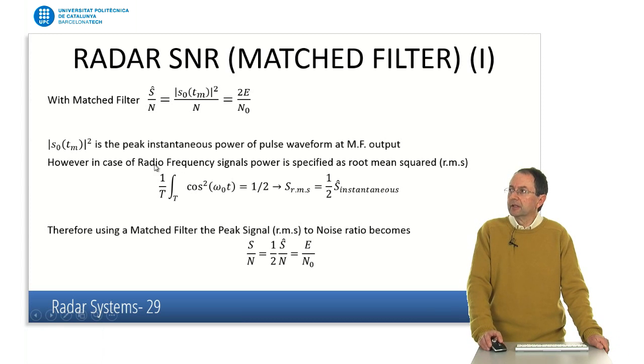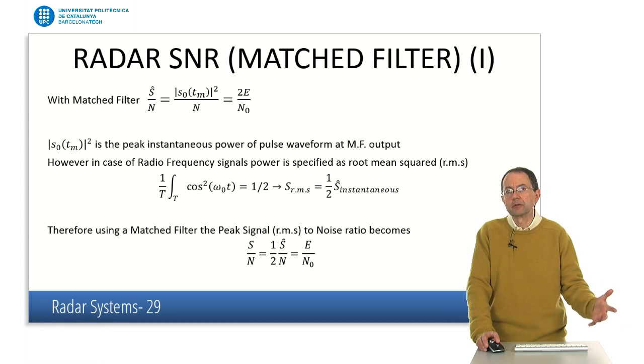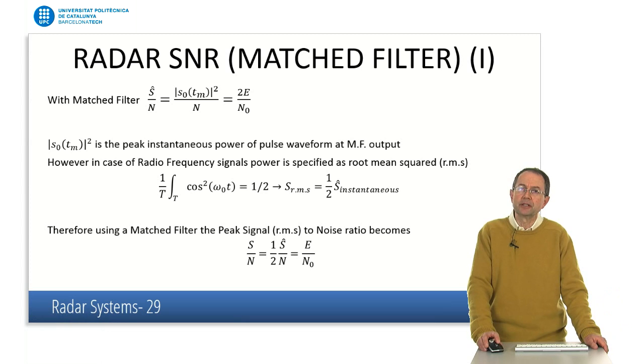Then we have to make a modification before we can use this expression to obtain the signal-to-noise ratio when we know the parameters of the radar, like transmitted power, gain, range of the target, etc. This matched filter expression has been derived for every possible signal. But in our case, we are talking about radio frequency signals, and in radio frequency signals, power is not specified as instantaneous power.